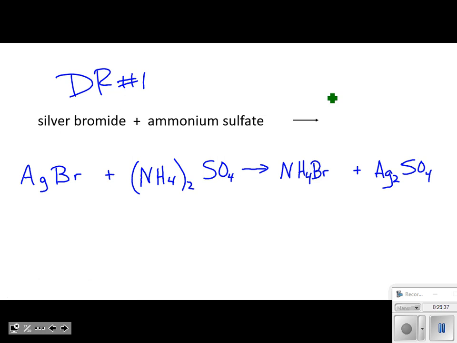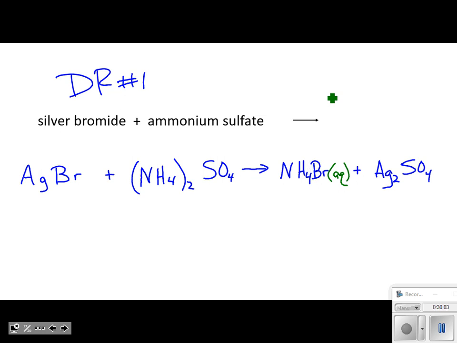I now need to check my solubility chart. Ammonium, the very second one from the top. Bromide, that is aqueous. Silver sulfate tells me it's an SS.